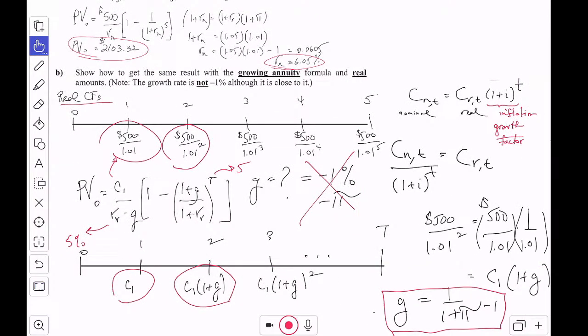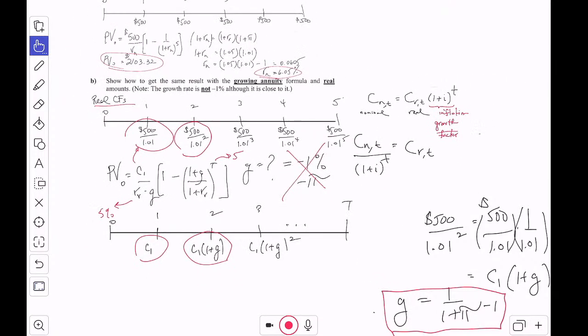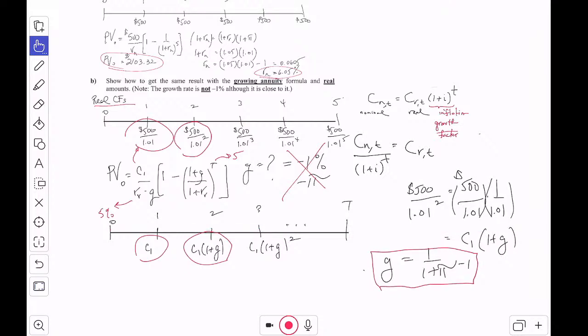Okay, I need to connect these. Let's do this way. To recap, I need to find my G for my formula, and it's not exactly negative 1. Yes, they are going down in value, in amounts, but it's not exactly negative 1. So what is it? Well, this is C1, and C1 is here as well, with an extra factor of deflation, right?